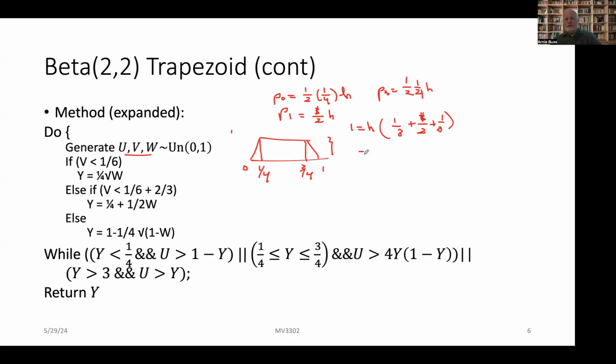So this is H times 1/4 plus 1/2, which is 3/4. So H times 3/4 is equal to 1. So H is 4/3.